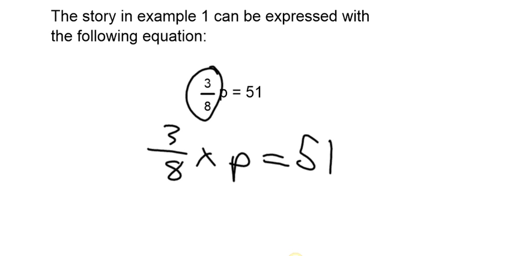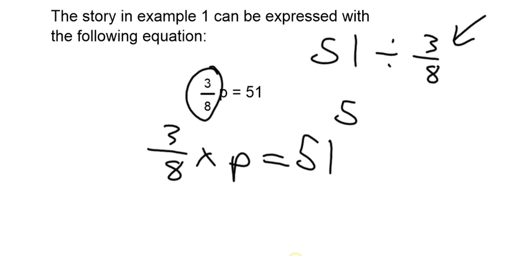If we rearrange this, we would have to divide 51 divided by 3/8. Right away, this should jump out at you. You're dividing by a fraction, so that means we're going to take 51 and multiply by the reciprocal.